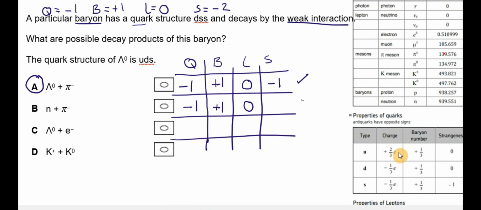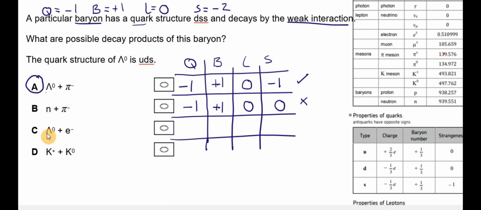Well, a neutron is an up and 2 downs, so the strangeness there is 0. The pi meson has a strangeness of 0 as well. So overall, we've got a strangeness of 0. That means there's been a change of strangeness by 2, which is too much. That's not allowed.